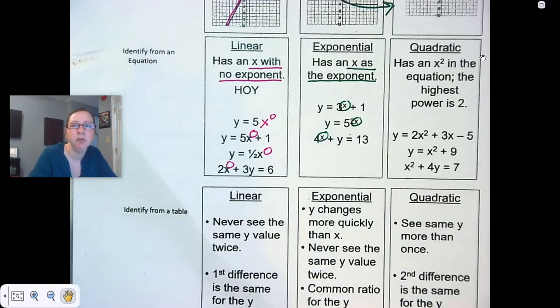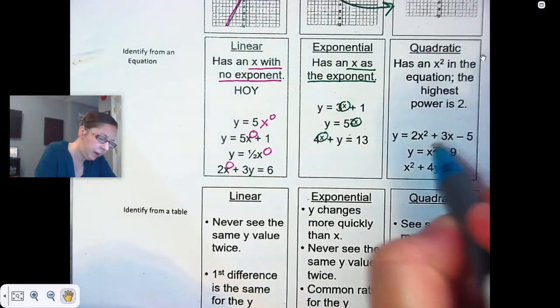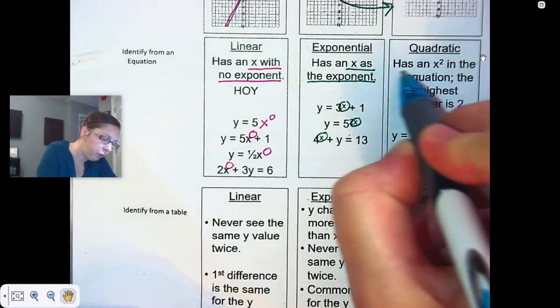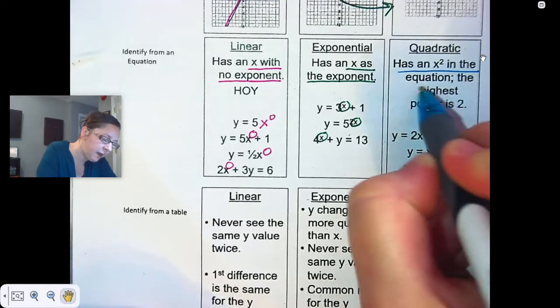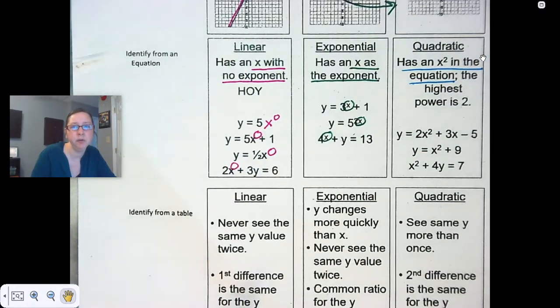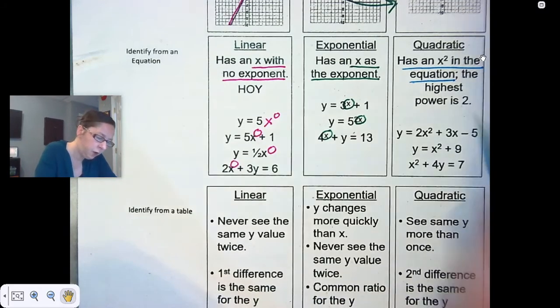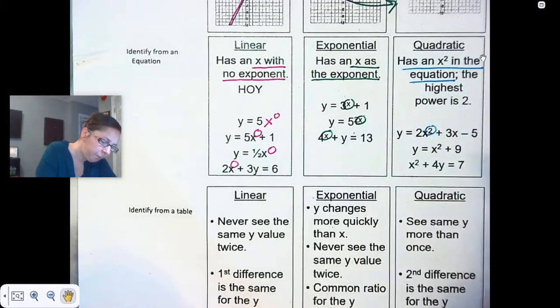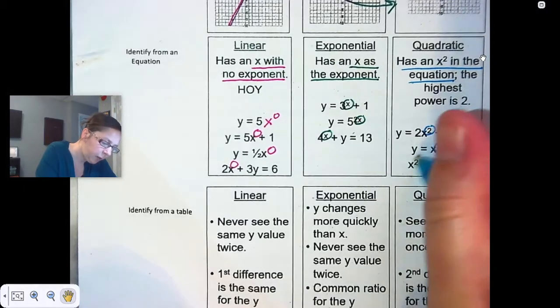They have an x squared in the equation, and the highest power is 2. It's important to say that for your future math courses, you will see functions that have a power that is higher than 2. But for Math 1, this will be the biggest exponent that we've seen as far as a standard form of a function goes. So I have an x squared, an x squared, and an x squared.